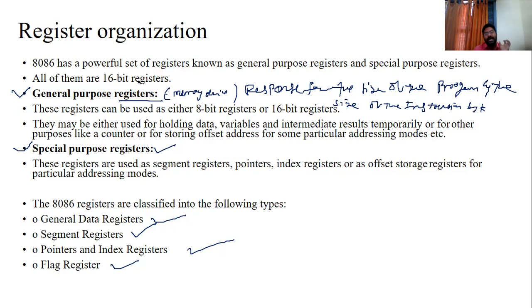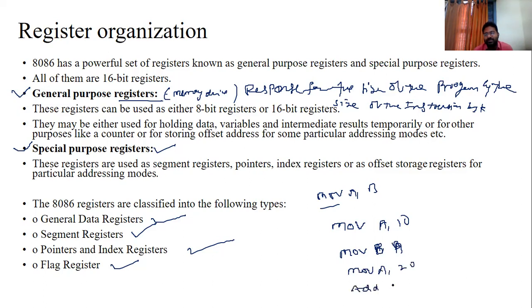Whenever the microprocessor is performing primary operations, suppose you write the programming like this, move a comma b, add. This is the assembly language we are using. Suppose I write: move a comma 10, move a to b, then again move a comma 20, and add a comma b.